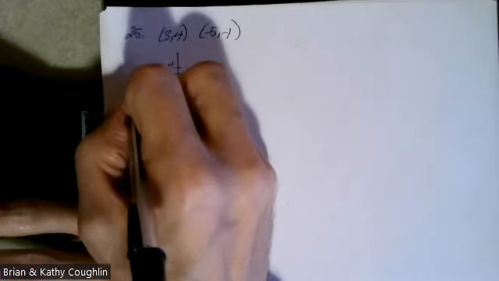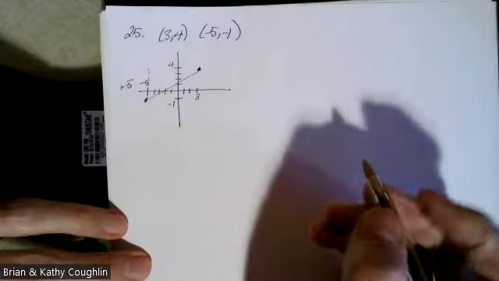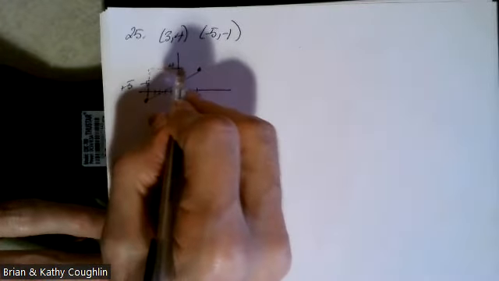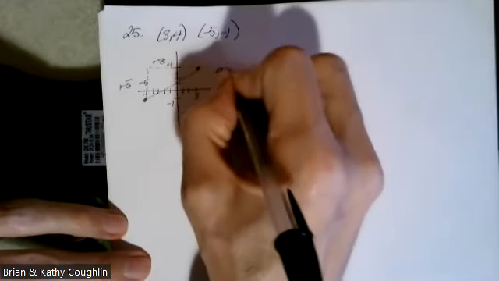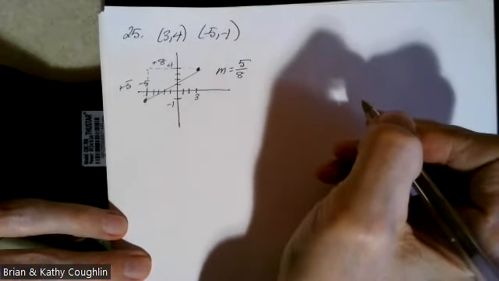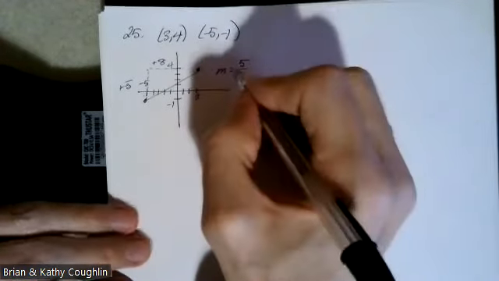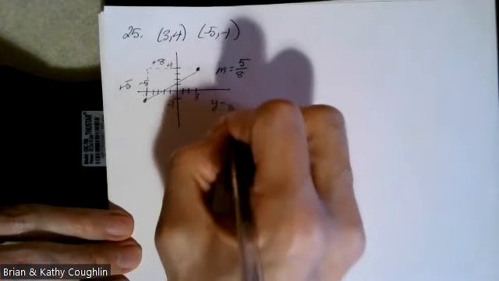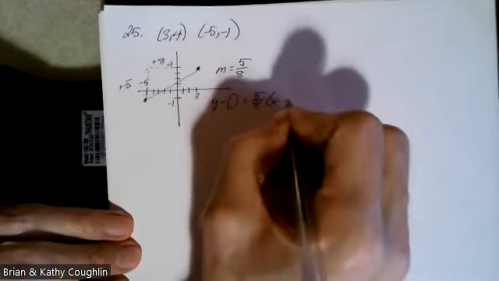That's going up by 5. And then how far does it run from -5 to 3? That seems to be running 8. And it's positive because it goes to the right. So the slope is 5/8.